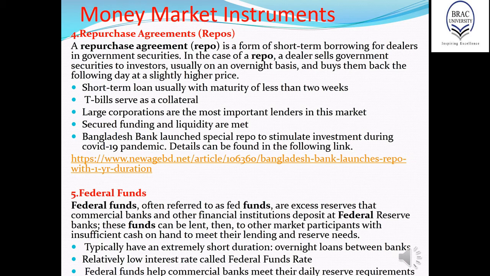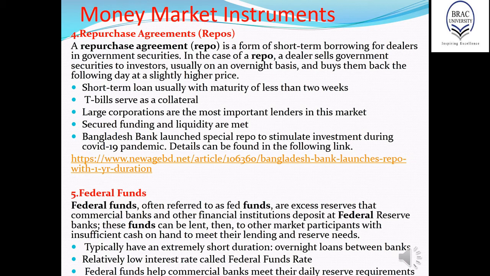So, for example, if you consider two banks, BRAC Bank and say Standard Chartered, if BRAC has a huge amount of excess reserves apart from the required reserve in its account, it can then lend it to SCB if needed.